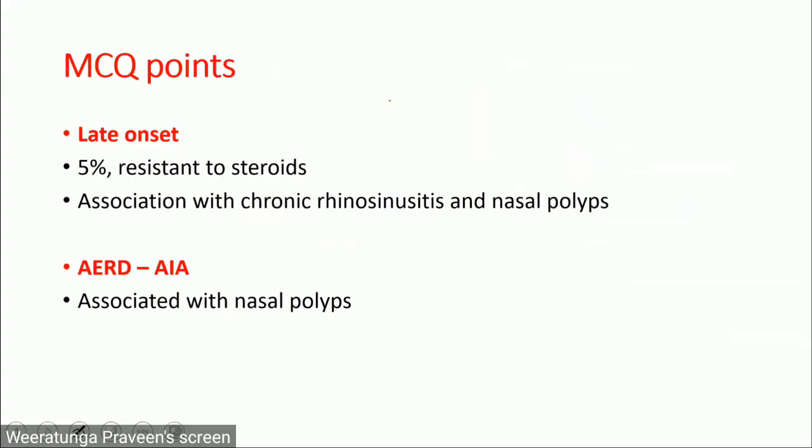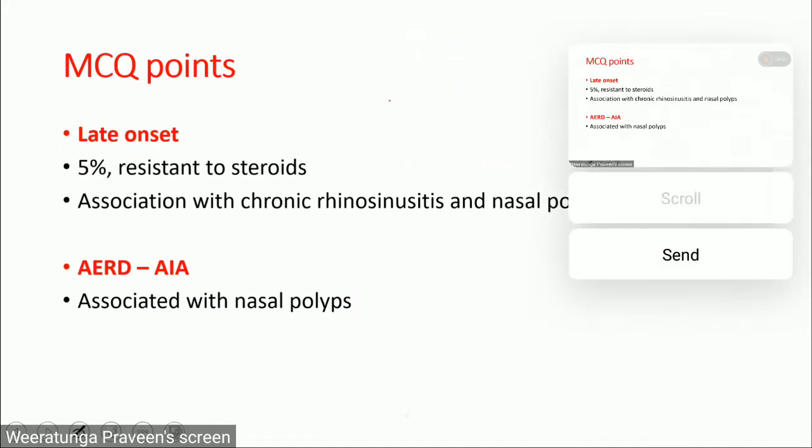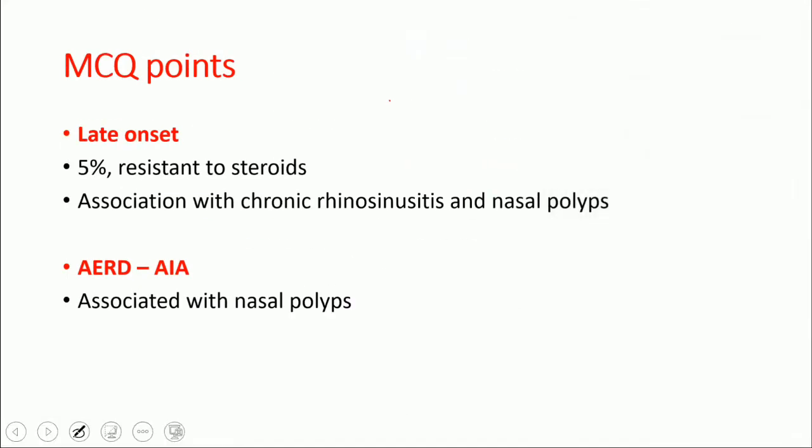Late onset eosinophilic asthma: two important things to remember. Some of them are resistant to steroids, and they are associated with chronic rhinosinusitis and nasal polyps. Aspirin-induced asthma is also associated with nasal polyps. This is just factual information that might appear in MCQs.